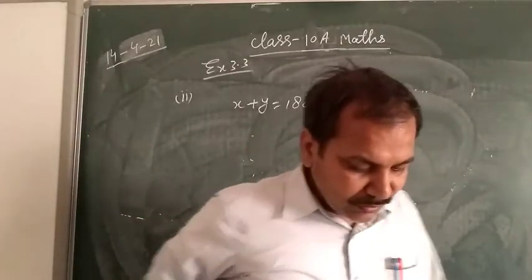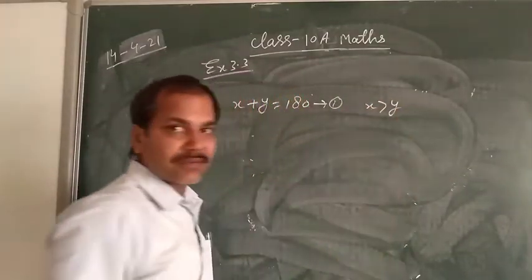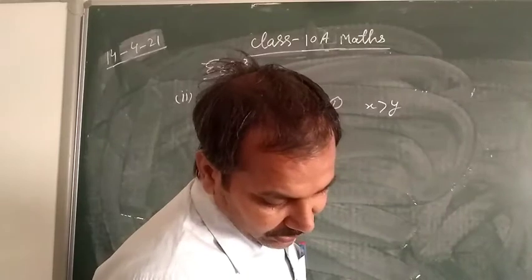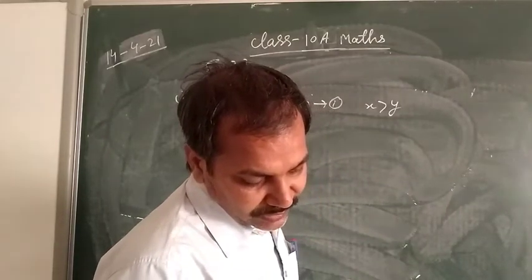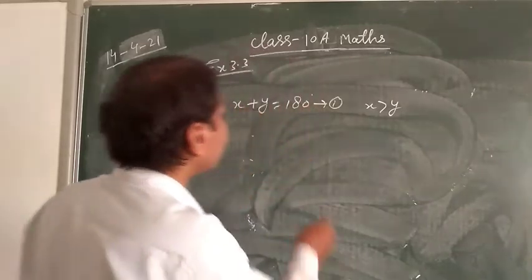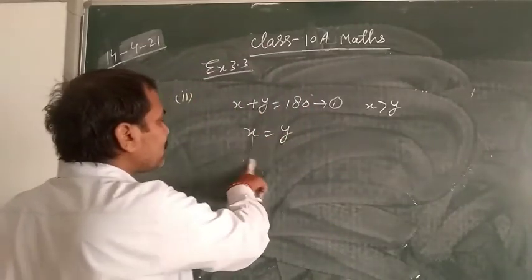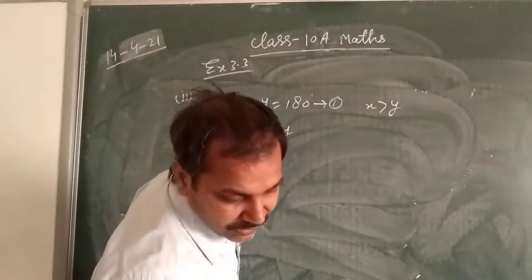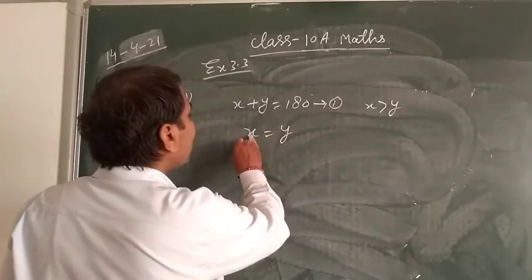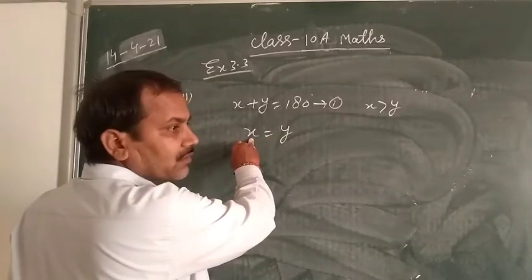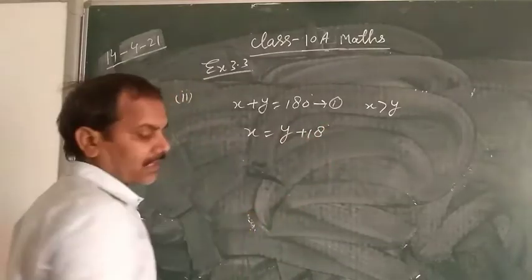The larger of two supplementary angles, and suppose x is greater than y. The larger of two supplementary angles exceeds the smaller by 18 degrees. So the larger angle is 18 degrees more than the smaller angle.